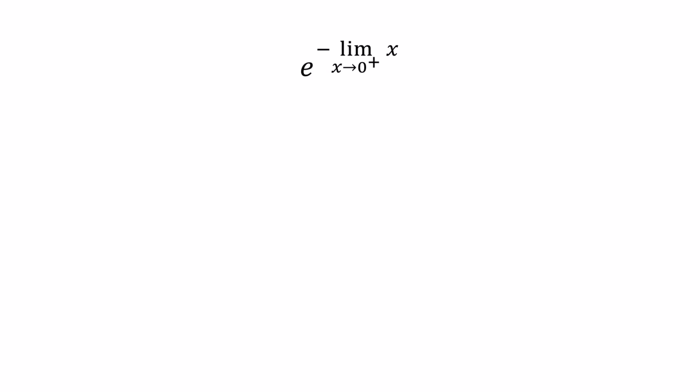Taking the limit gives e to the minus 0. Multiplying, we obtain e to the 0. Simplifying, we arrive at a final answer of 1.